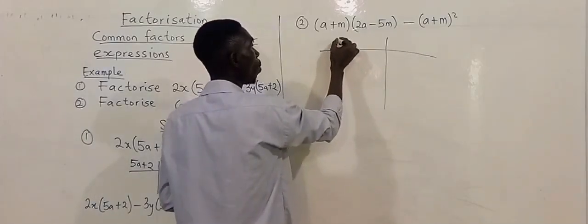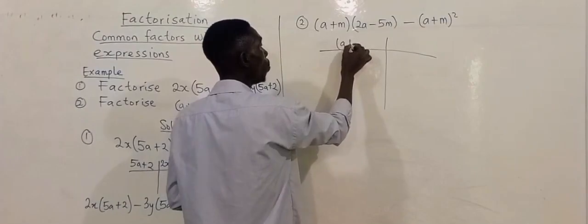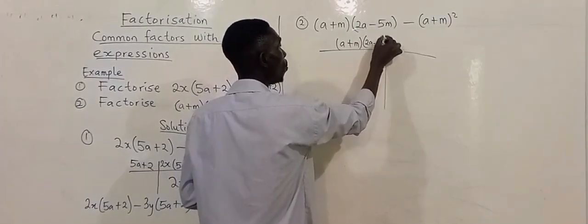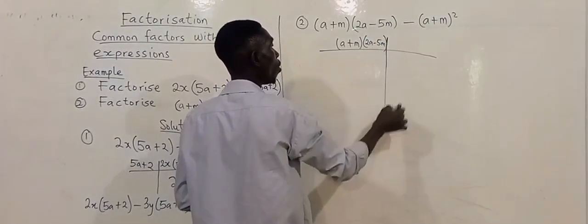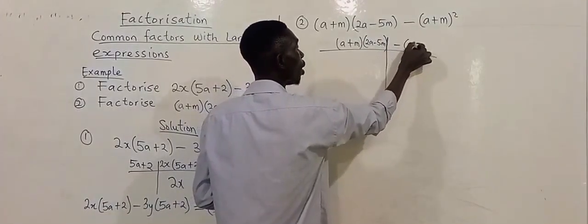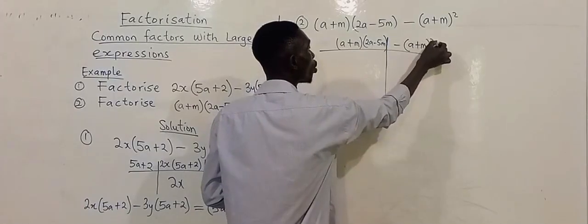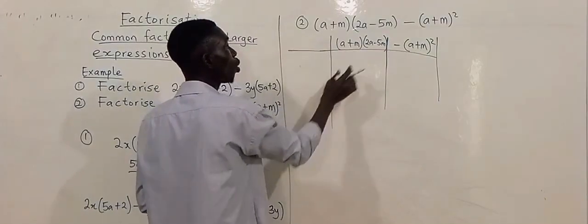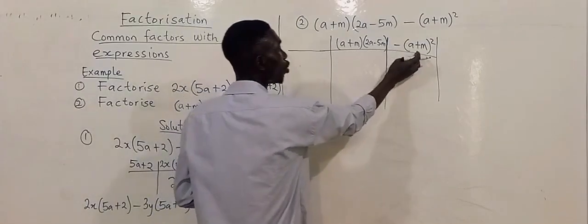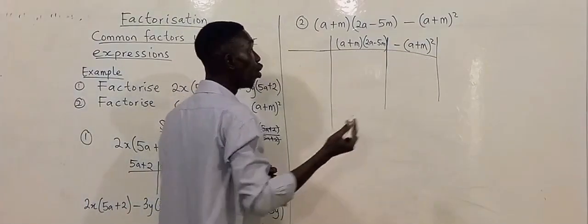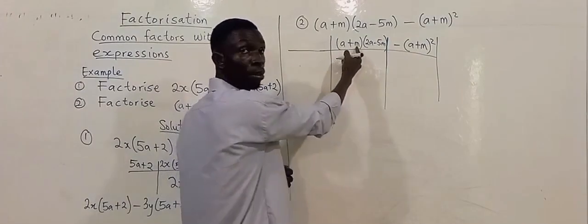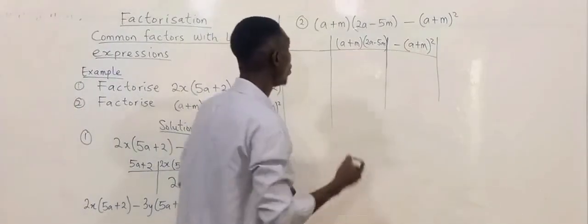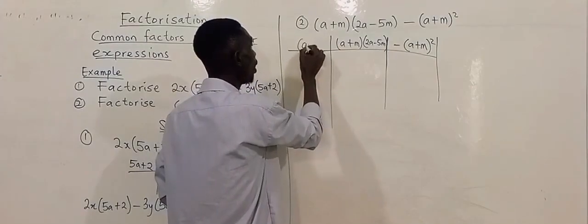We have a plus m into 2a minus 5m, and then we have minus a plus m all squared. These are the two terms involved. So look at what can divide this term and also divide this term. Obviously, we see that a plus m can go into this term and also into this term. So we use that to divide: a plus m.